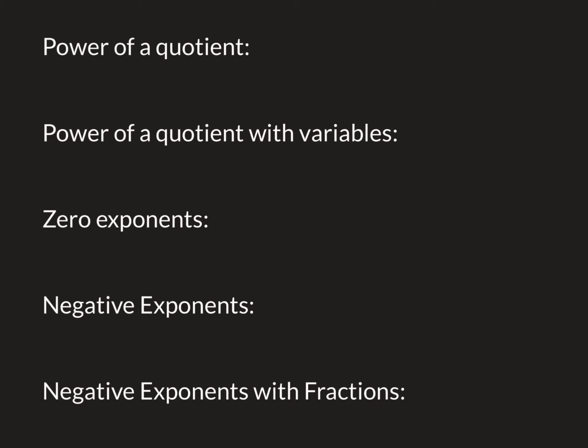For my power of a quotient, I am going to realize that I have a division problem. I have two bases raised to a power, and I'm going to raise each base to that power that's on the outside, and then I will simplify. Okay, next, power of a quotient with variables.